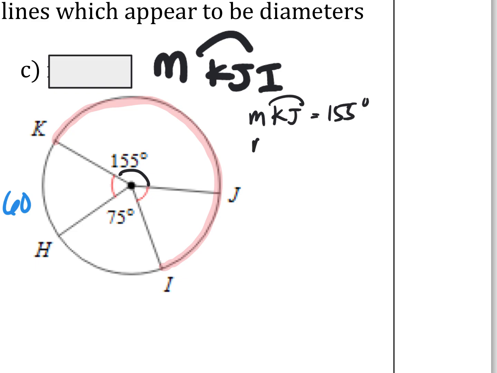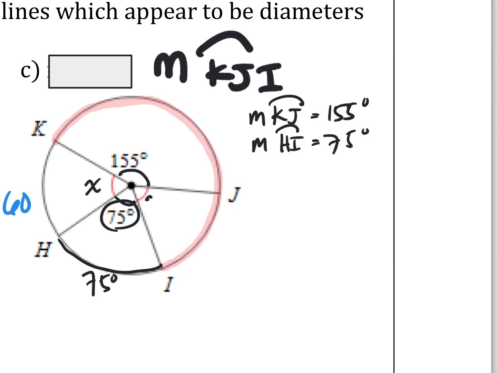And the measurement of arc HI is equal to 75 degrees, because it's a central angle, so this is also 75 degrees. There are two unknown things we still have to find: this x angle, and this x, for us to find this arc.